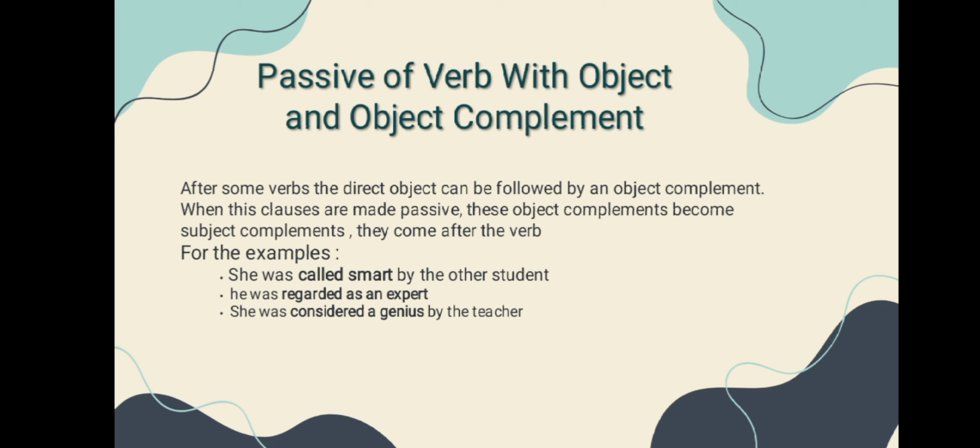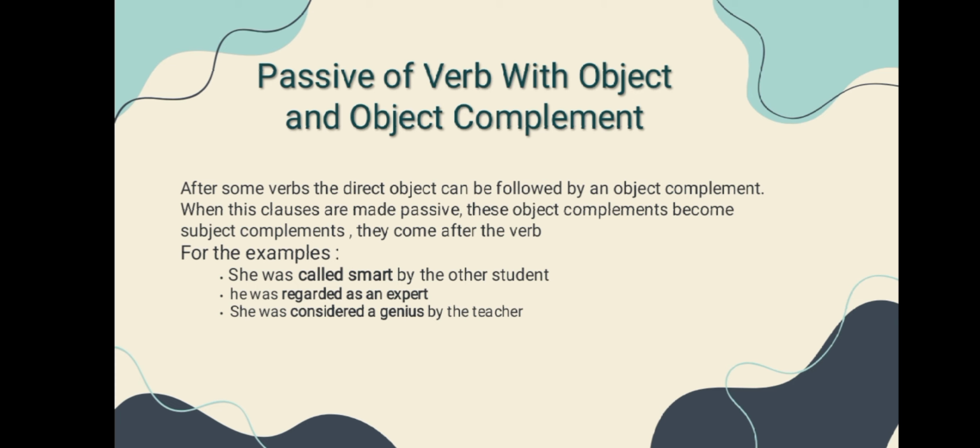So, the words called smart, and for example, regarded as an expert in the second example, and then considered a genius in the third example, we can see the word smart is the complement of the word called.